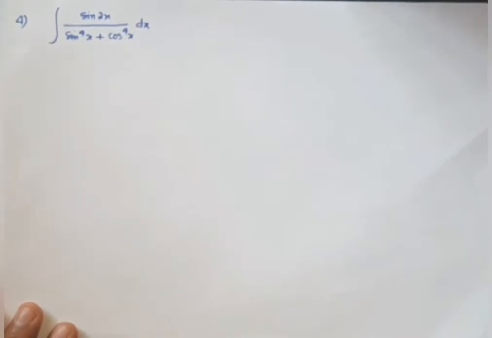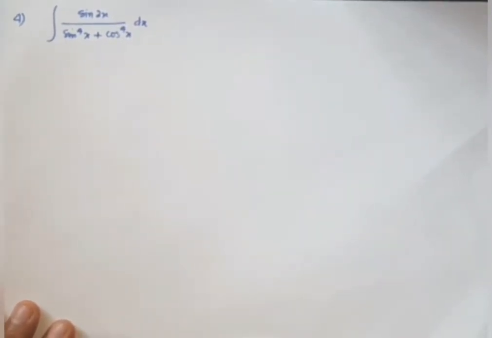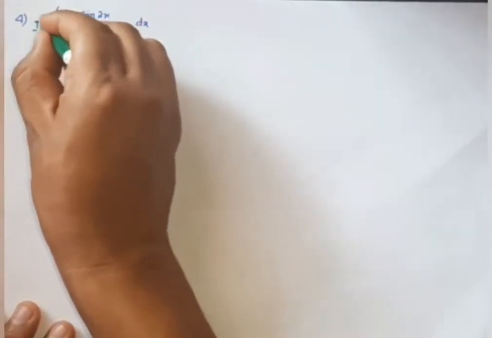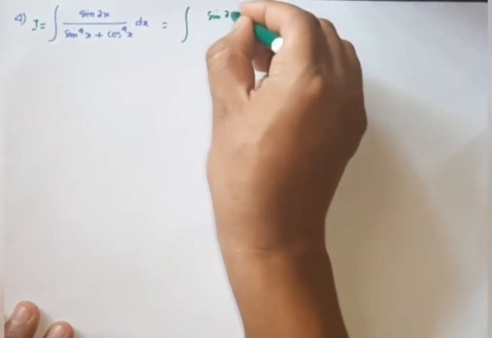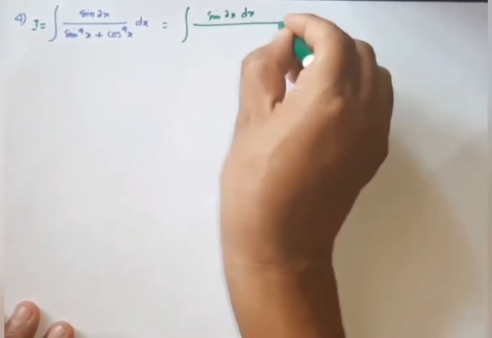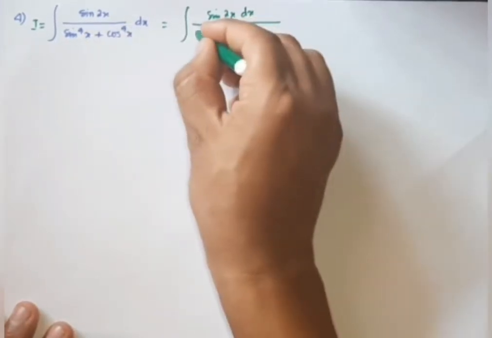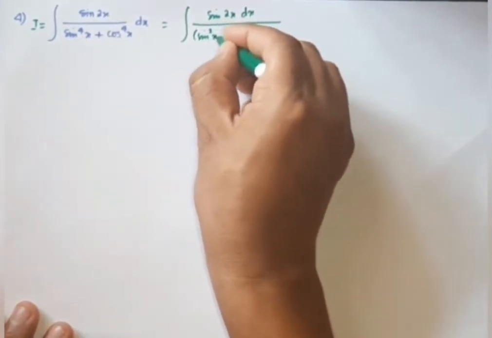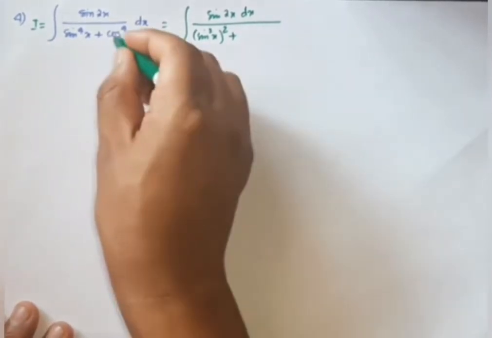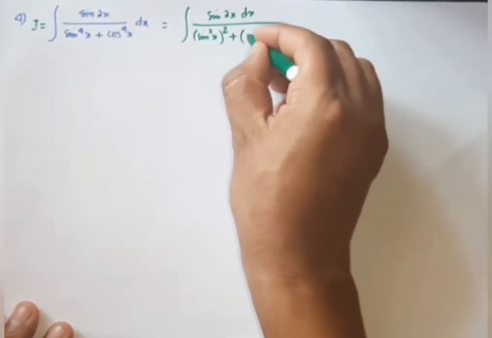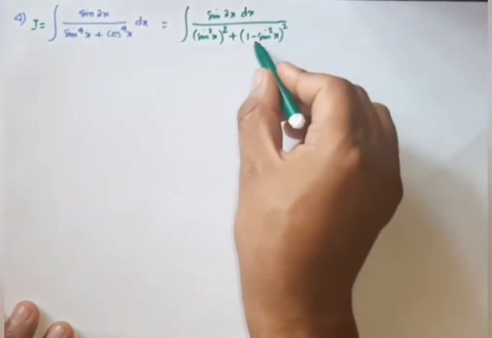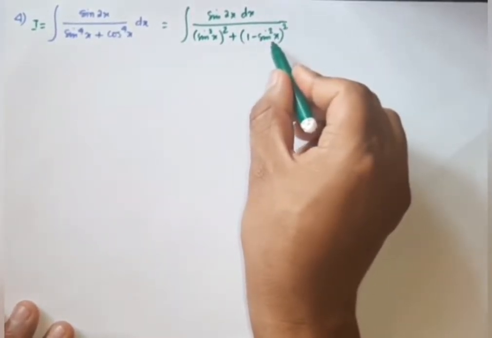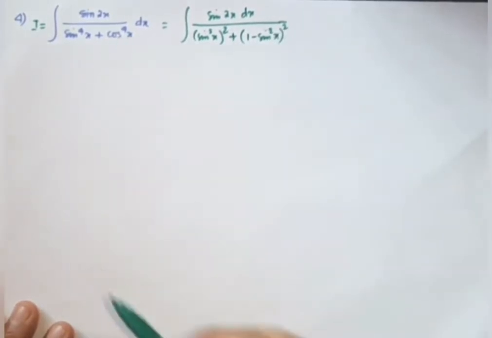That can be done only if I write this integral I as sine 2x dx divided by sine to the power 4 written as sine square x whole square plus cos to the power 4 written as 1 minus sine square x whole square. Yes or no? Because 1 minus sine square x is cos square x, so cos square x whole square is cos to the power 4x.